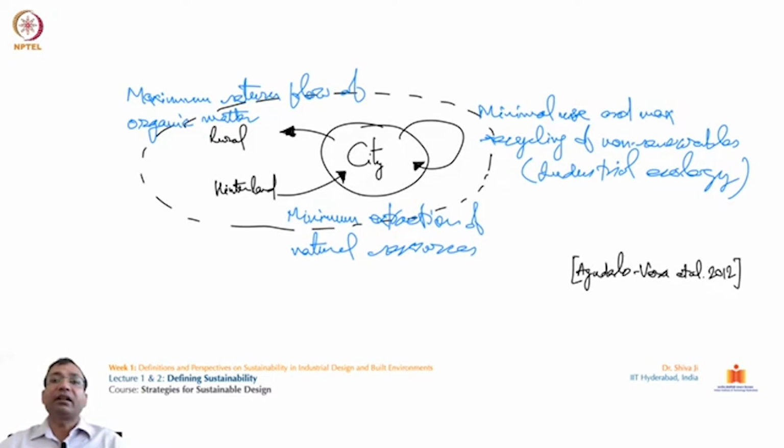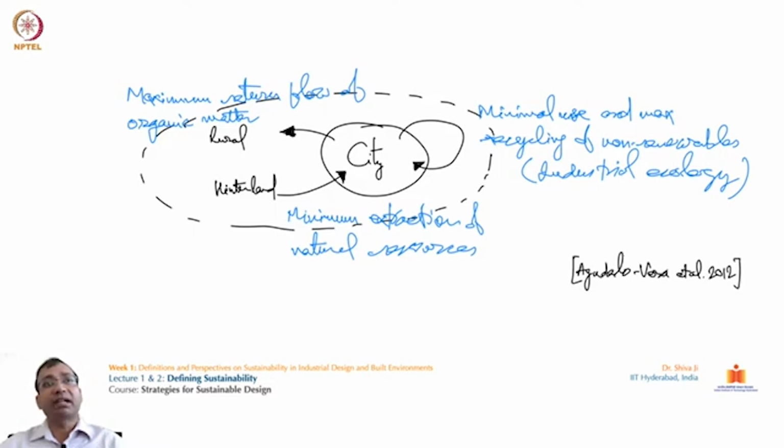Cities and any urban settlements are consuming a lot of resources, and in turn they are generating a lot of polluting substances in all the spheres of this ecological system, whether air, soil, water, noise, or even light. All of these are the bad effects of this whole development.